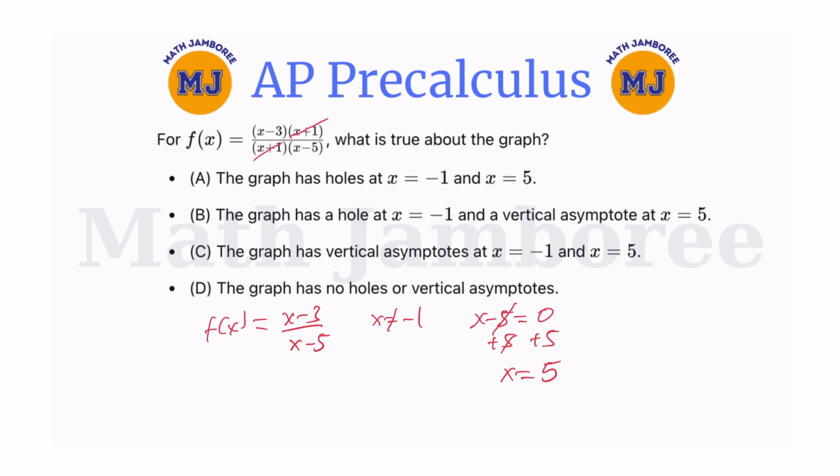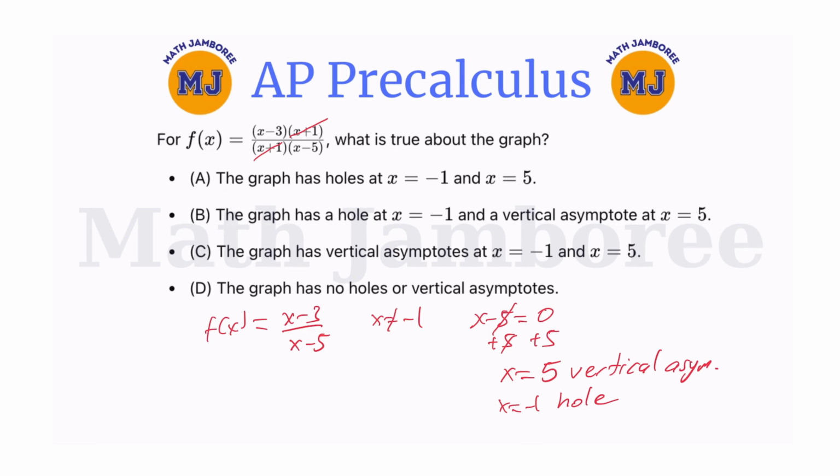Since x + 1 was cancelled out, it doesn't create an asymptote but a hole, so x = -1 is the hole.